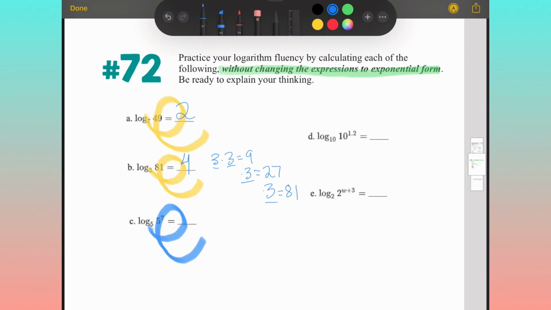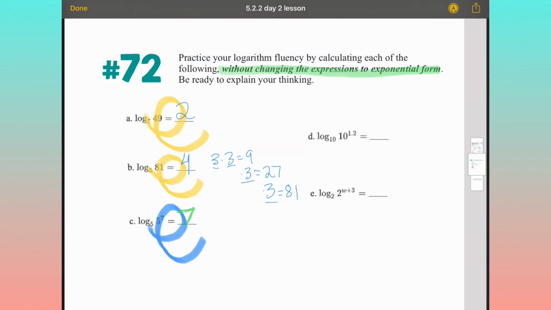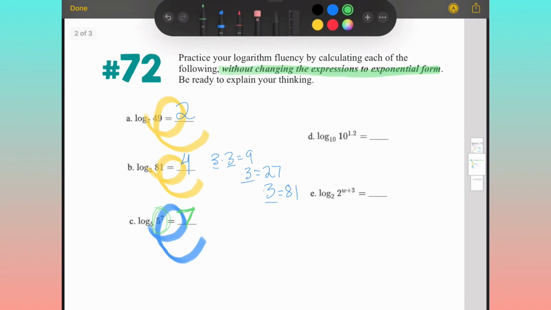Well, without even doing any math, I know that my exponent does have to be that 7. So you could rewrite this 5 to the 7 as whatever number that ends up being, but then you would need to use a calculator. So trying to save ourselves some time, leave it as it is.